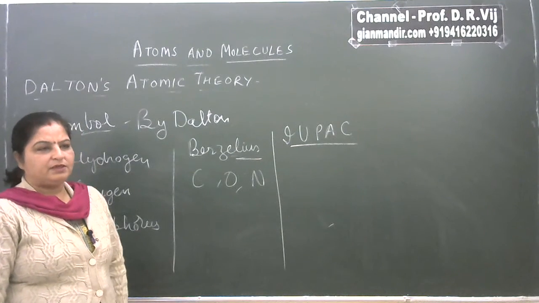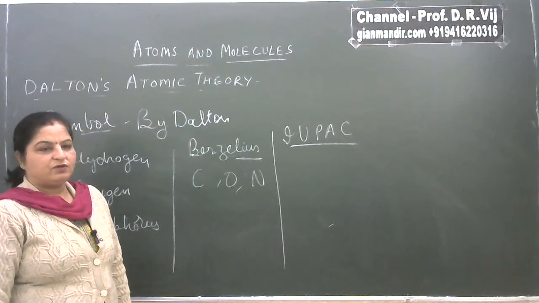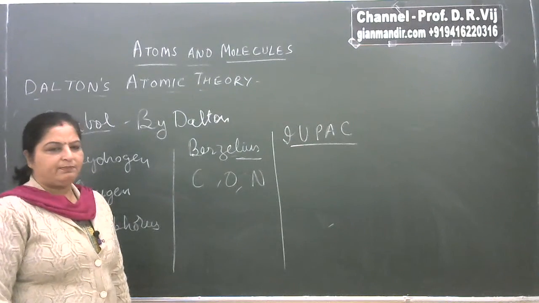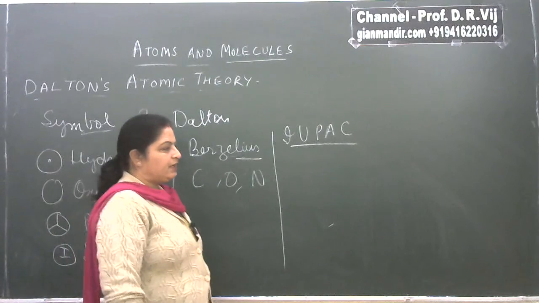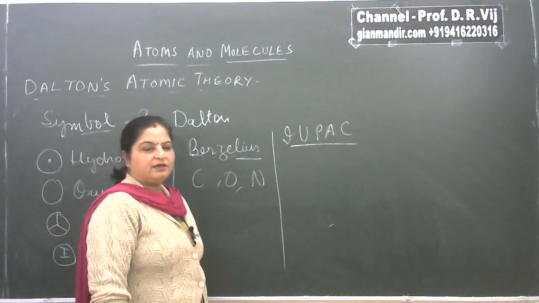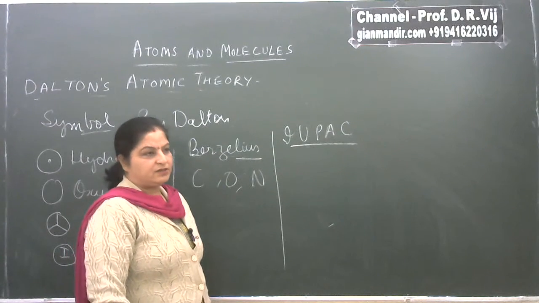According to IUPAC, the symbol of an element is given on the basis of its name, maybe English name, maybe Latin name, maybe Greek name, and in that case, the first idea is to use the first letter of the element as its symbol.